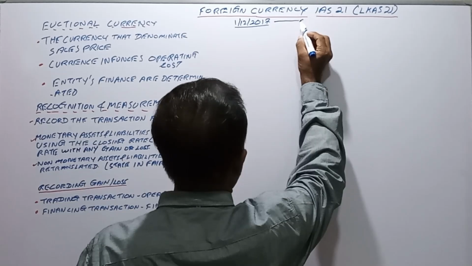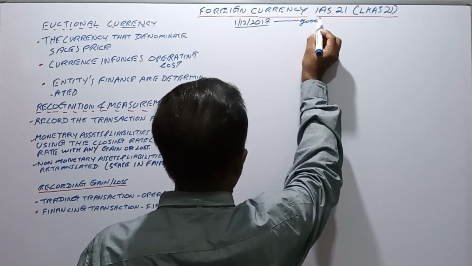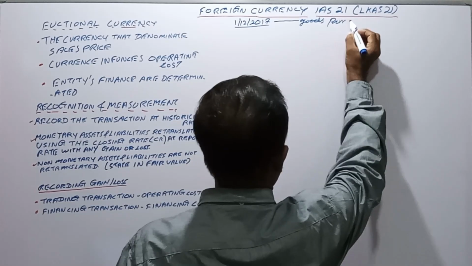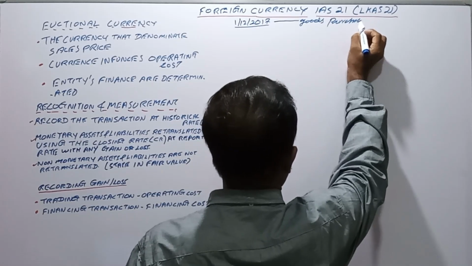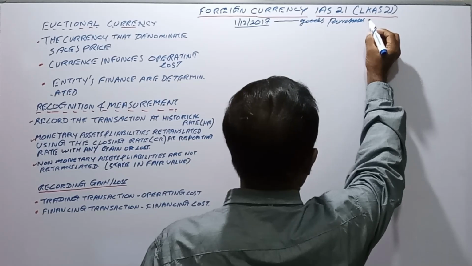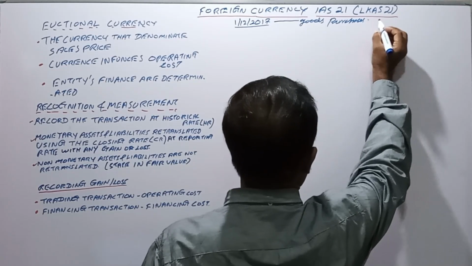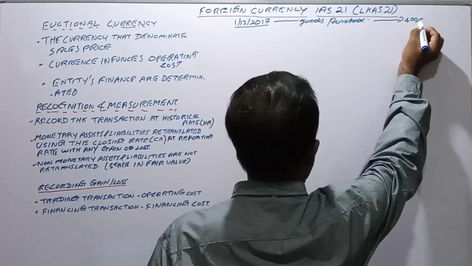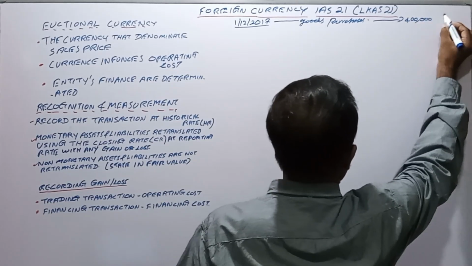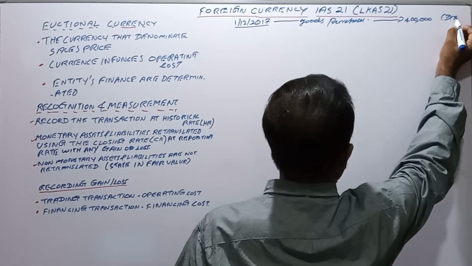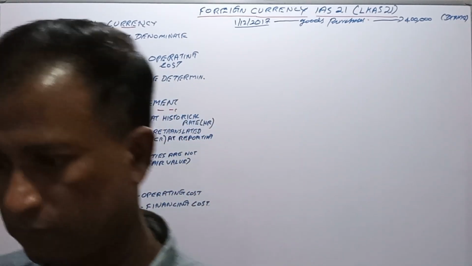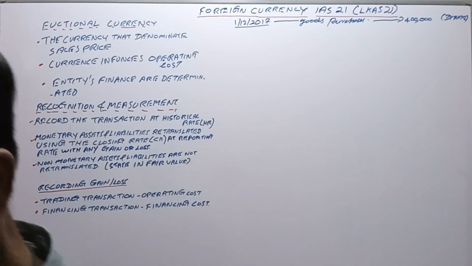Goods purchased for 400,000 dinar, okay.